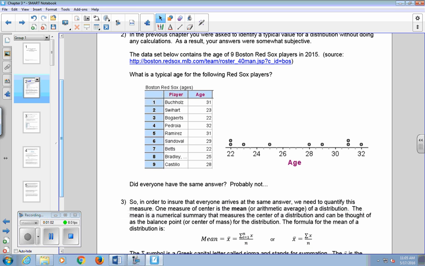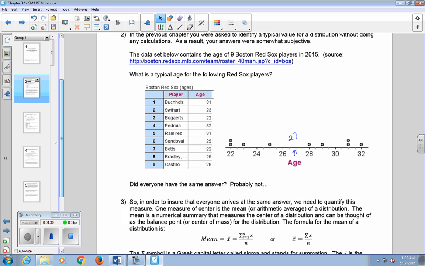answers. So looking at this data set, which contains 9 Boston Red Sox players in 2015, the age of the Red Sox players, what is a typical age for these Red Sox players? So just looking at the data as we did in the previous chapter, we might say somewhere in here, I'm thinking maybe around 27.